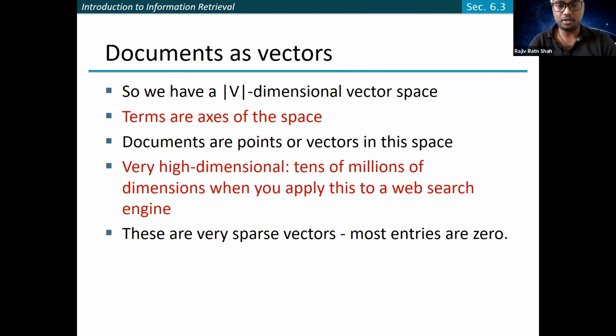We discussed one example, like Mary runs faster than John, or John runs faster than Mary. Despite being semantically very different documents, they will eventually have the same representation. So this is one of the issues with the vector space model if you're using the bag of words concept for the representation of the vector.